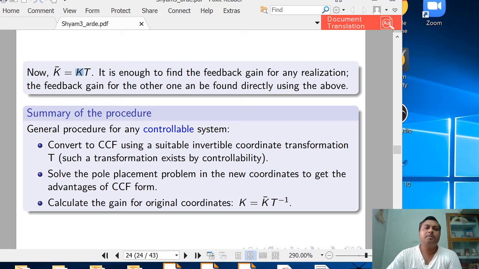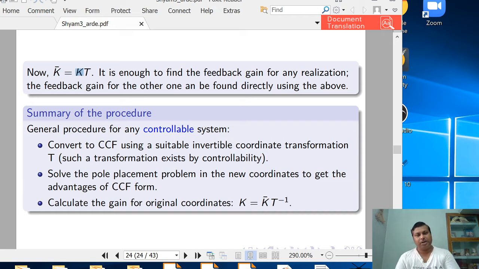So what is the summary of the procedure? First, convert to CCF, controller canonical form, using a suitable invertible coordinate transformation matrix T. In previous classes we have already discussed how to build the T matrix to transform any system to controller canonical form. Then solve the pole placement problem in the new coordinates to get the advantages of CCF.